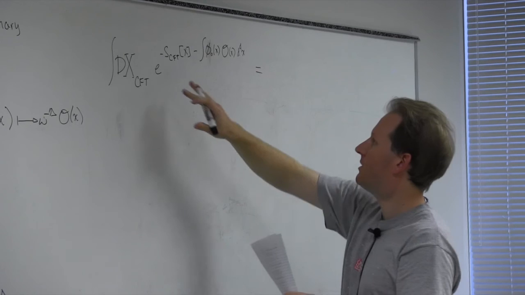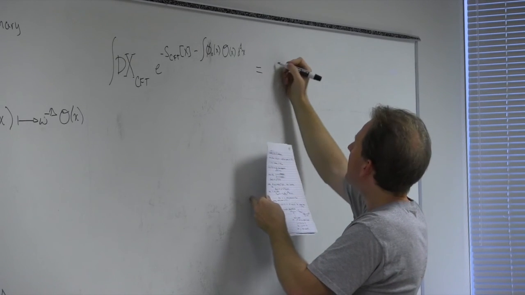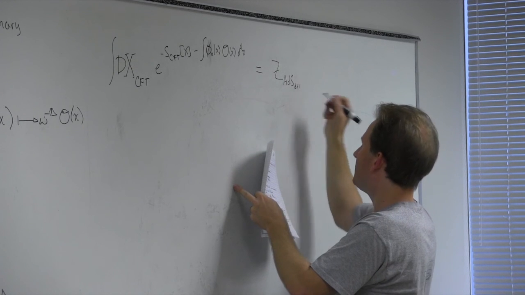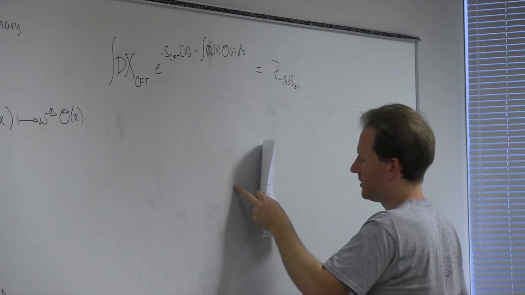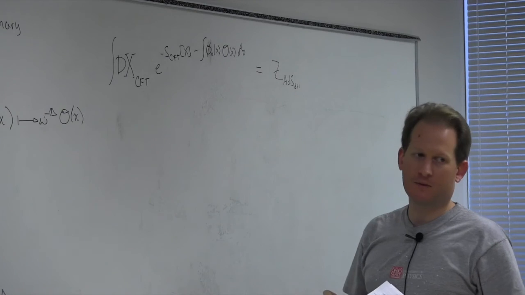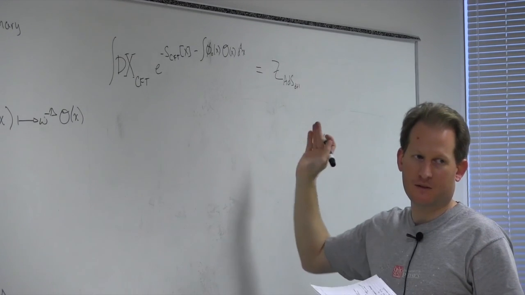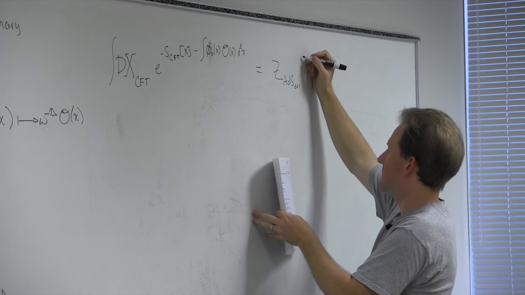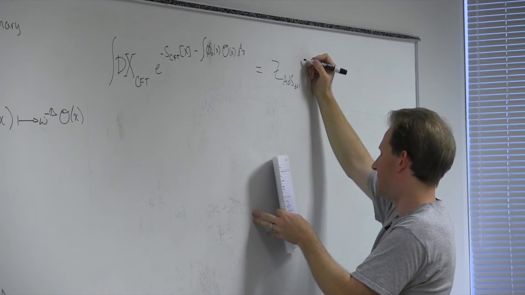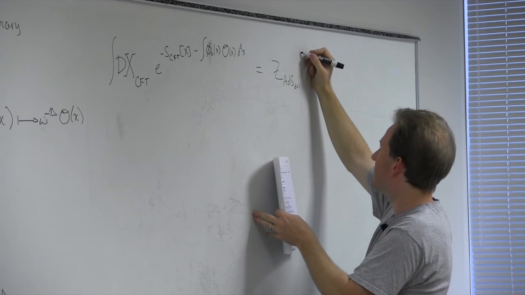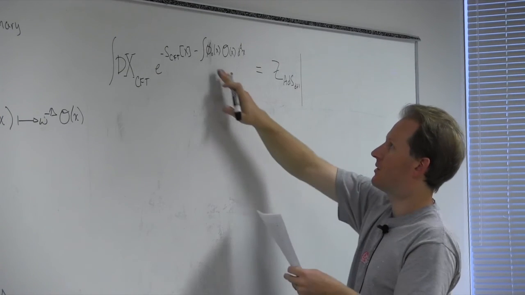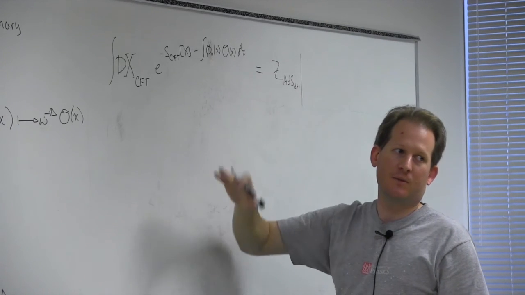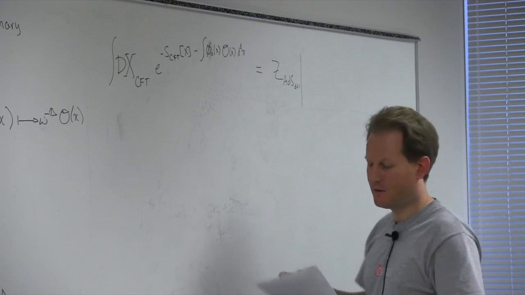So he claimed that this is equal to the partition function in AdS d plus 1, or specifically, in the context of N equals 4, it would be AdS5 cross S5 of type IIB string theory. But here phi naught, on the left-hand side, is like our classical source that I take functional derivatives with respect to in order to find correlation functions.